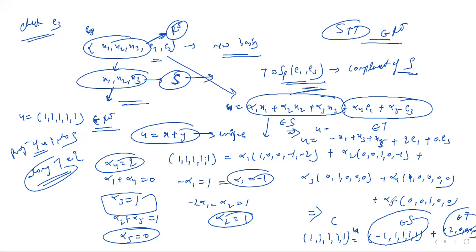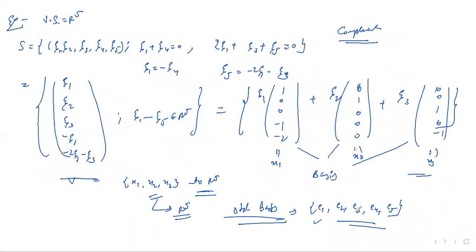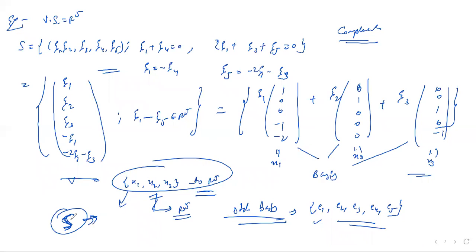So what did you get from here? I have used the concept of basis here. I have been given the vector space S, and I have found the basis corresponding to this vector space, and I got three basis vectors. This would be my first subspace S. These are the vectors of subspace S, and I have to find the complement.